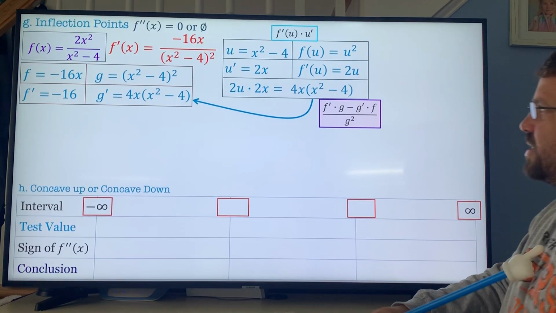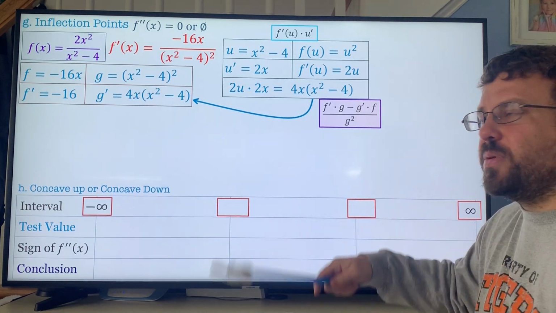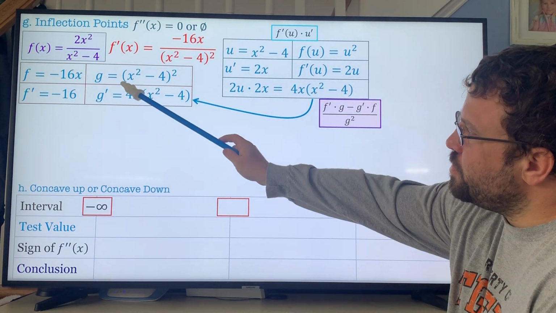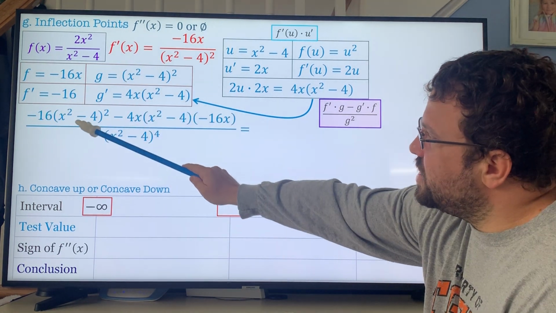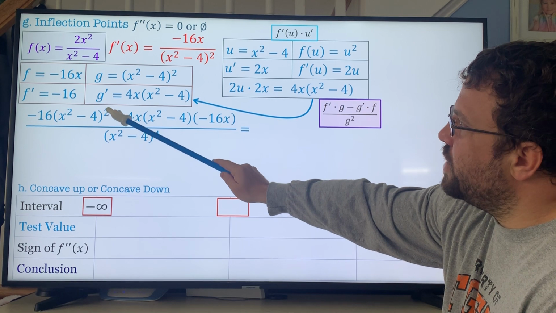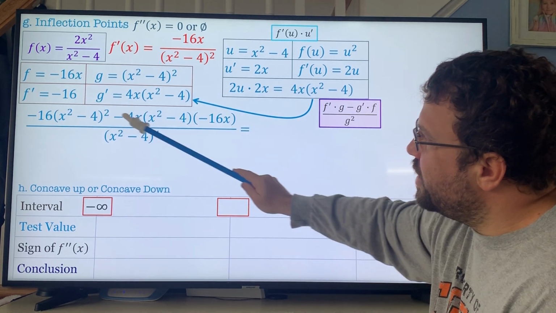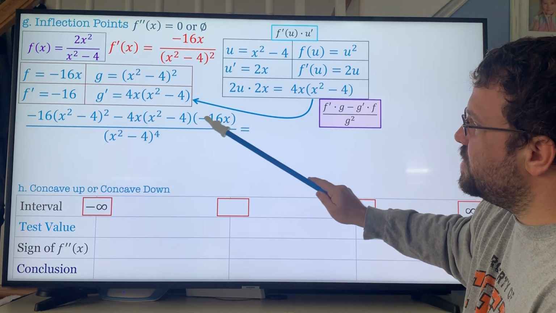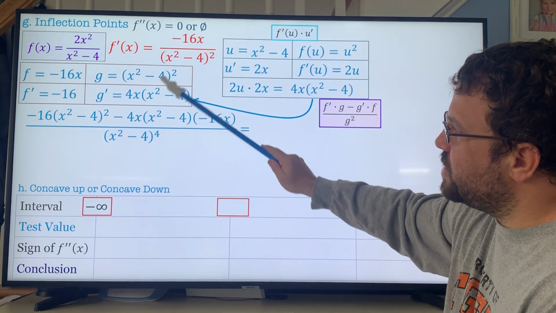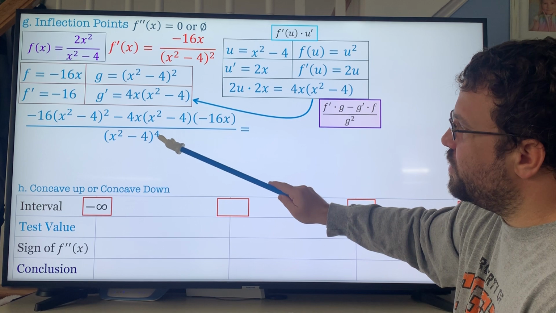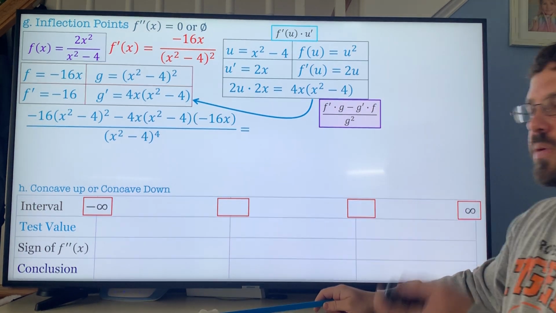As long as you leave everything like this, you can take out these problems easy. Use this equation. F prime g, negative 16 times x squared minus 4 squared, g prime f. Negative 4x times this, times your f, over this squared is x squared minus 4 to the 4th power. When you square squared, it's raised to the 4th.